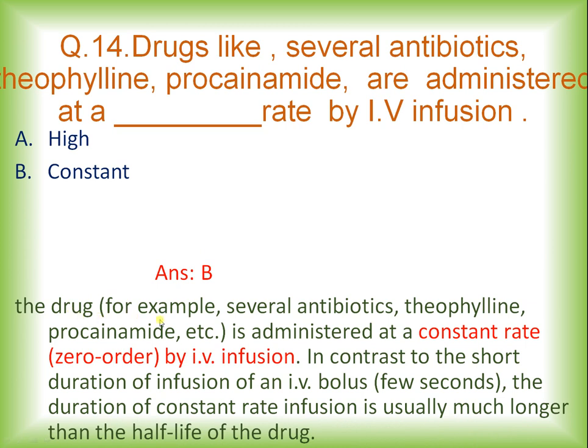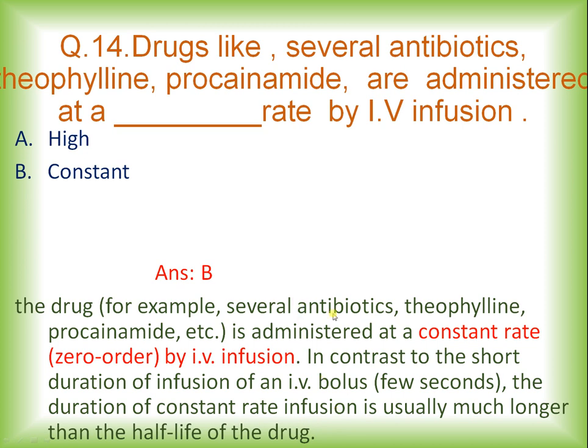So these drugs are administered at a constant rate. This constant rate means whenever a drug is administered by one compartment open model IV infusion, it has a constant rate, that is zero order. In contrast to the short duration of an IV bolus, where only a few seconds are required, the duration of constant rate infusion is usually much longer than the half-life of the drug.